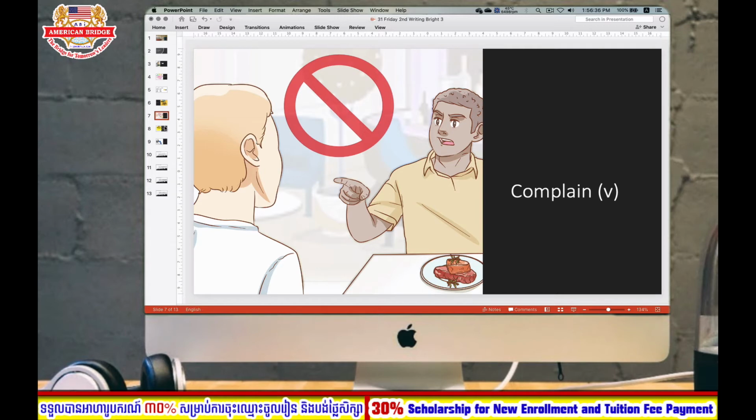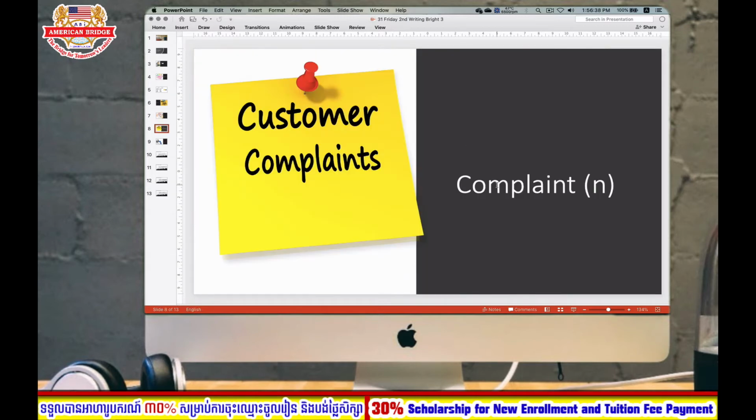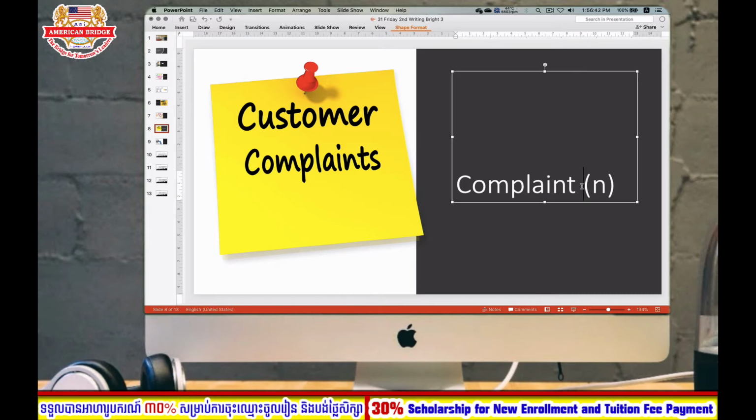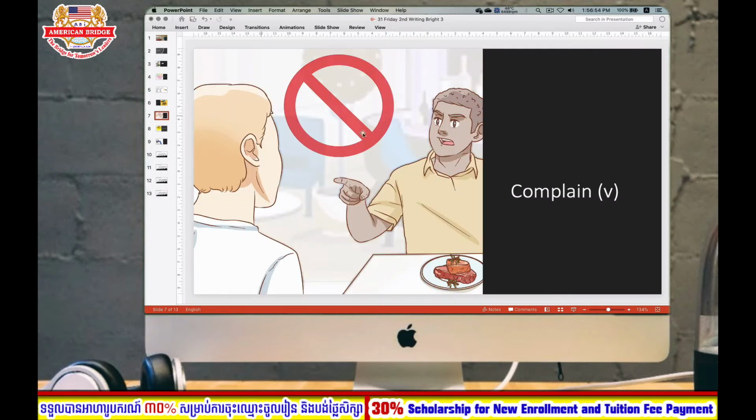Again, the word complain can also be written as a noun. When it functions as a noun, it is written in this form, complaints, with the letter T. But if it is a verb, there is no letter T here.